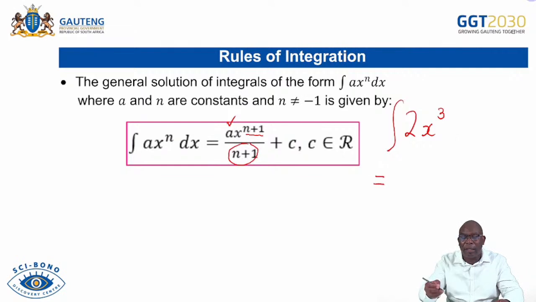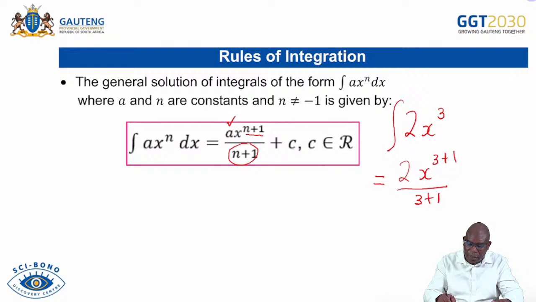So when I integrate, then I just write equals. I no longer write the integral sign. Remember, it is the same as in differentiation. We no longer write the sign once we have started differentiating.